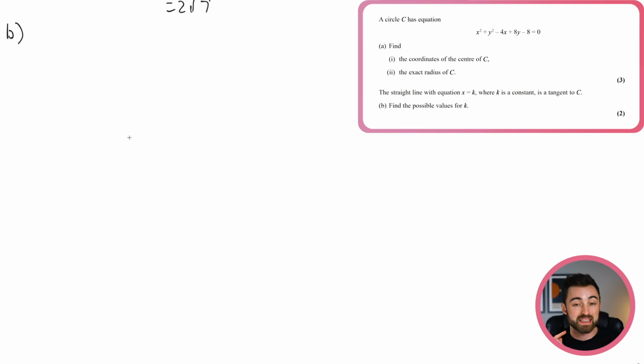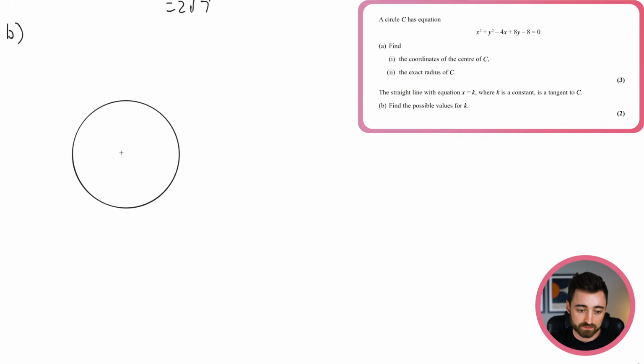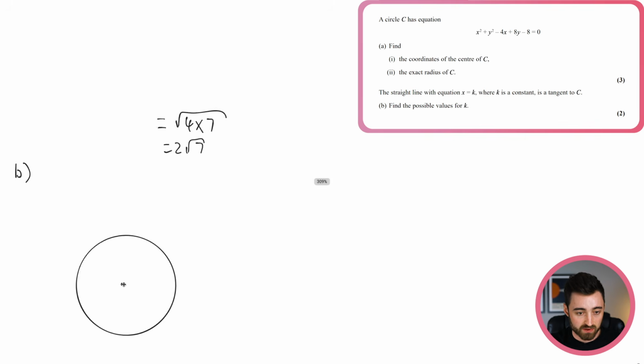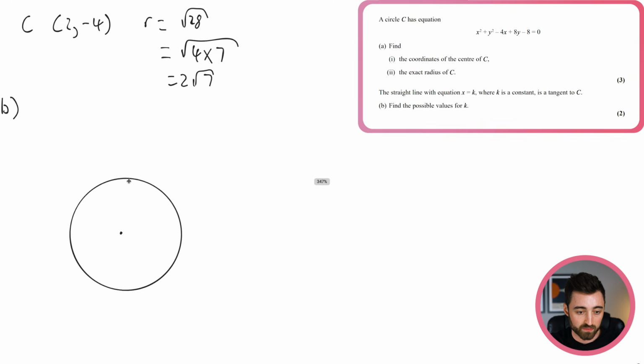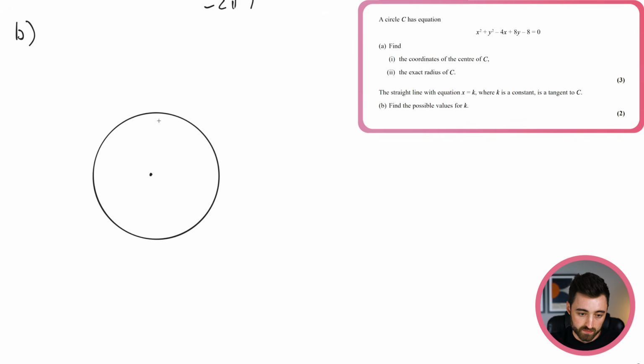However, I think it can be even simpler. The reason is, we've got a circle, right? We know that its centre is, where's the centre gone? (2, -4). And the radius is 2 root 7. Okay. So I've got an equation here of a line, x equals k.